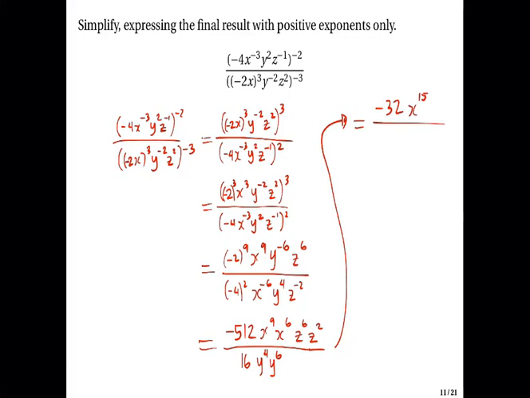Here, z to the 6, z to the 2. Add the exponent. You'll get z to the 8. And here you have y to the 4, y to the 6. Add the exponent. You have y to the 10. And again, this 16, it was used to divide this negative 512. So you don't put the 16 in here. So this is the final expression.